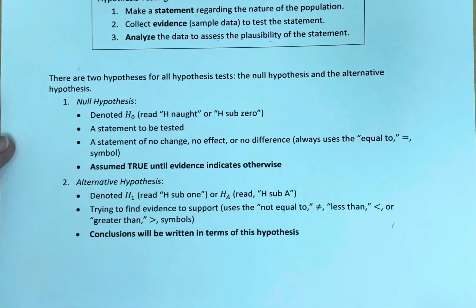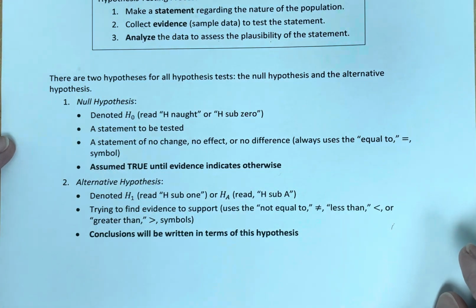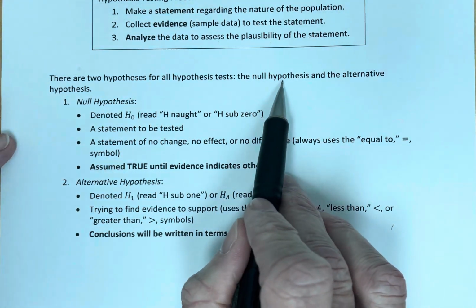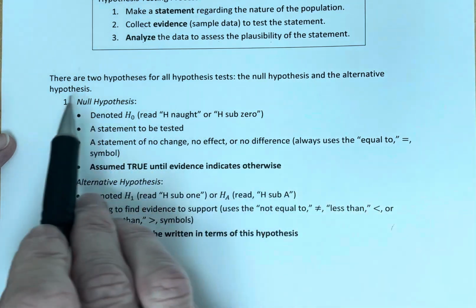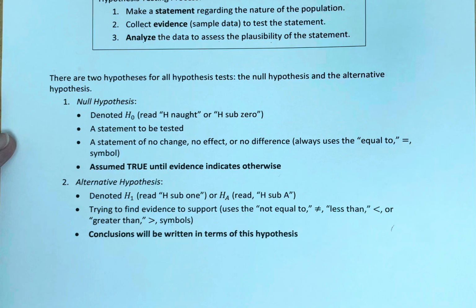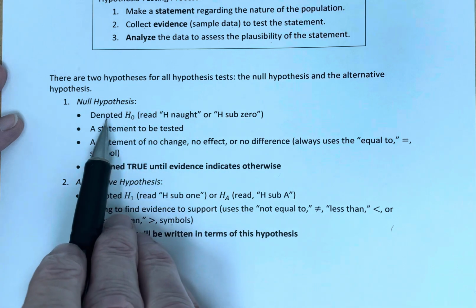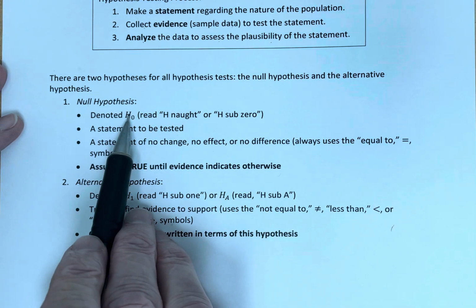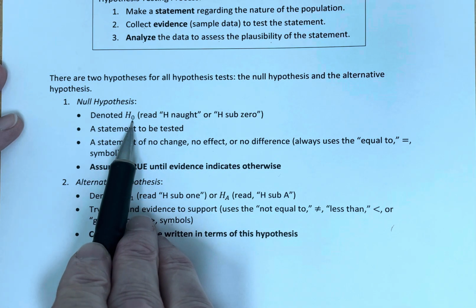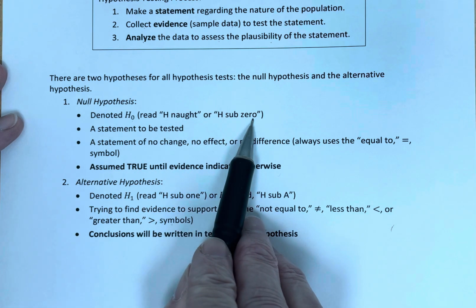There are two hypotheses for all hypothesis tests: the null hypothesis and the alternative hypothesis. Let's deal with them separately. The null hypothesis, its math notation is H sub 0, which is read H naught or H sub 0.